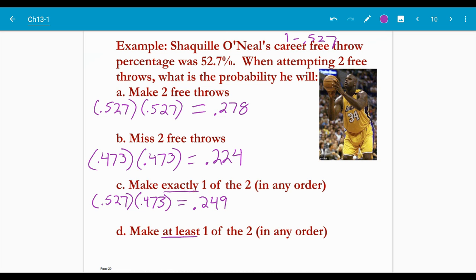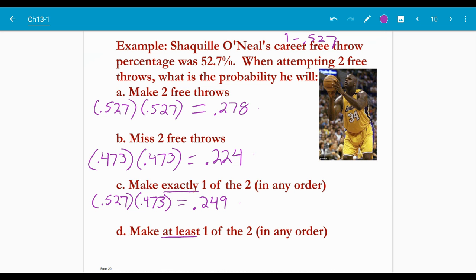Now, if you look at all of the probabilities that we've done up to this point, about a 27 or 28% chance that he makes both, about a 22% chance that he misses both, about a 24 or 25% chance that he makes one of the two. This does not add up to 100% just with a quick glance.